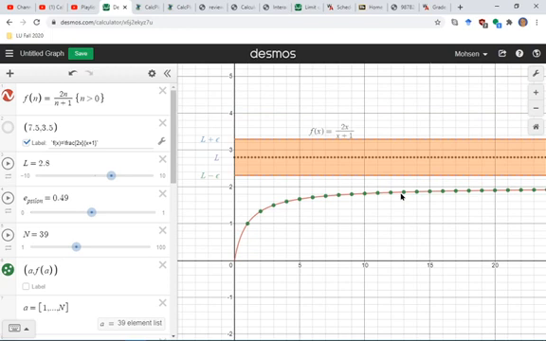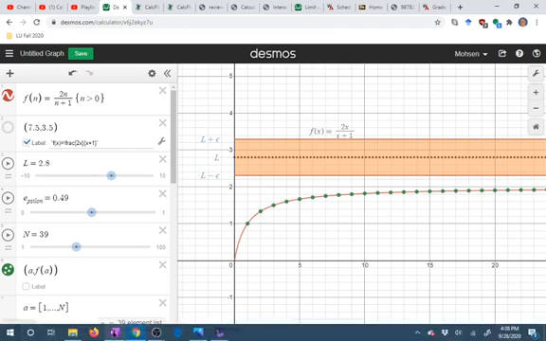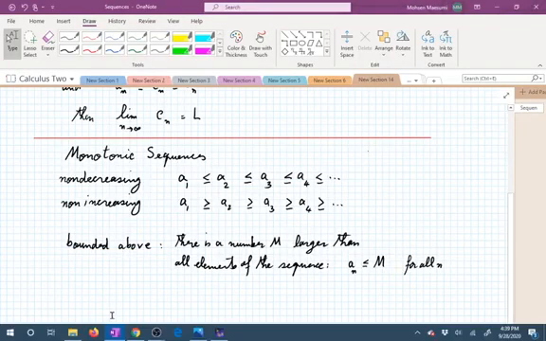It's like if you have a roof over your head and you raise the roof some more, that's still above your head. So the idea of an upper bound is some line such that all the elements of the sequence are below it. As simple as that. So that is the idea of an upper bound.